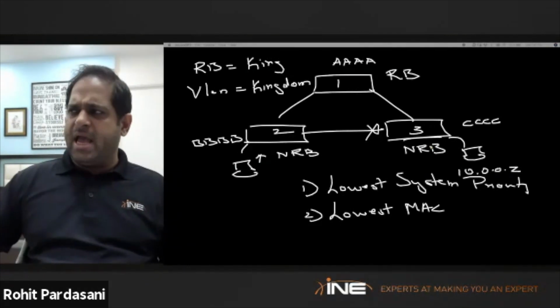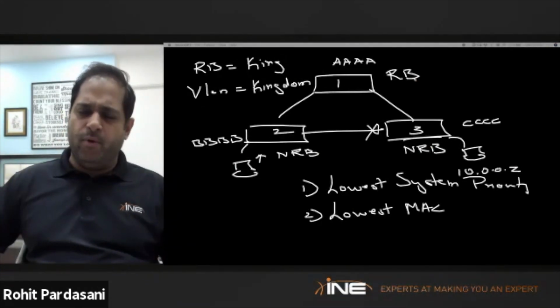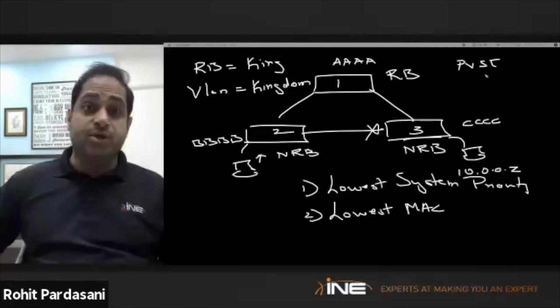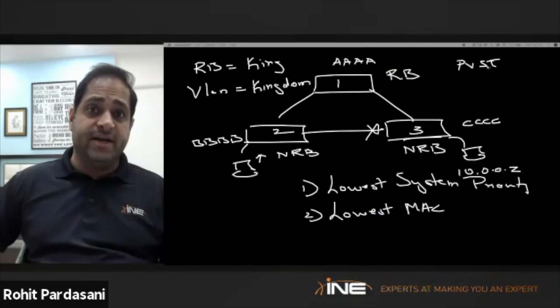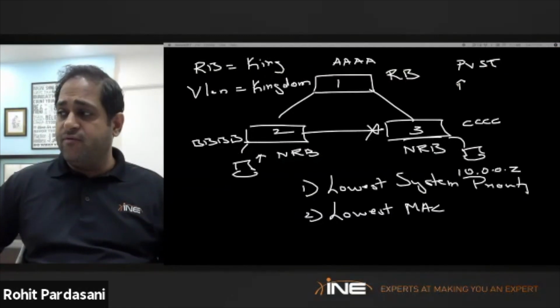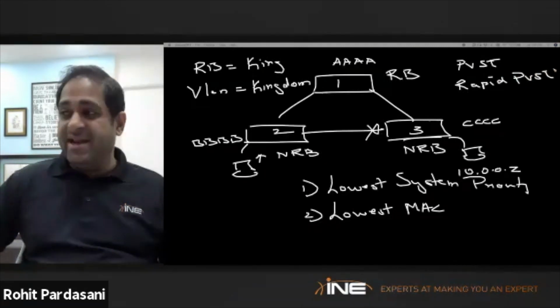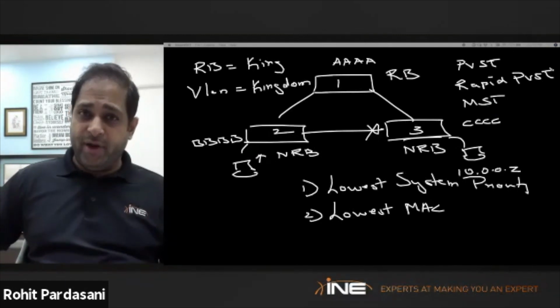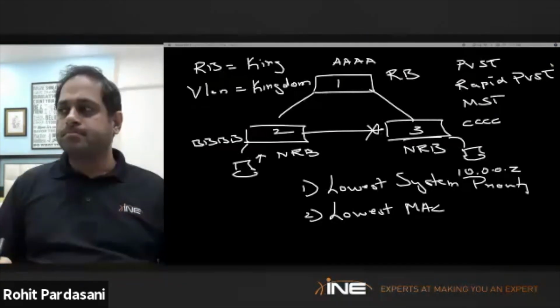So spanning tree has 3 modes. In fact, Cisco supports 3 modes. We have PVST, which is the default one on Cisco switches. We have rapid PVST, which is an enhancement of PVST. And then we have MST, multiple spanning tree. So 3 different modes available.